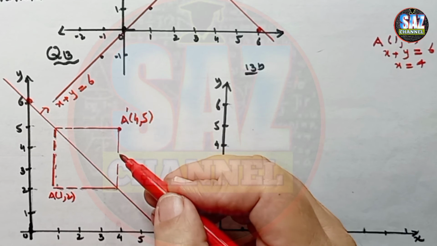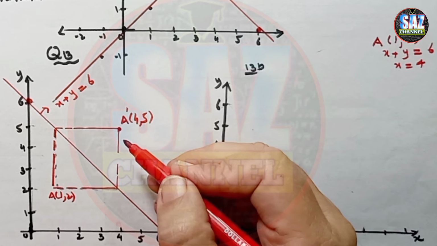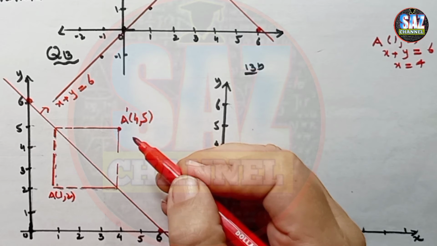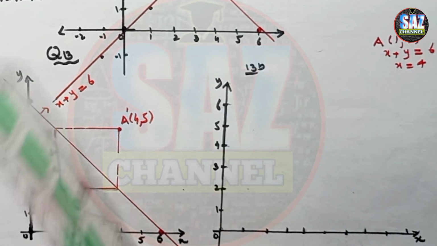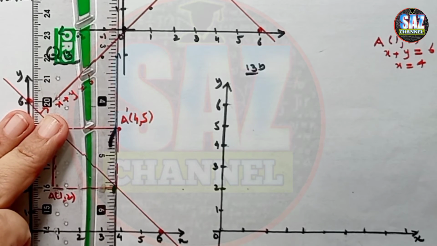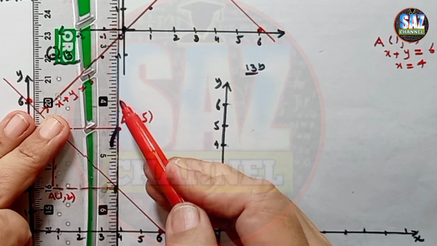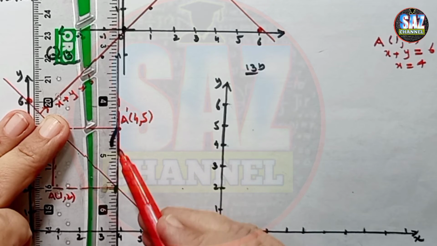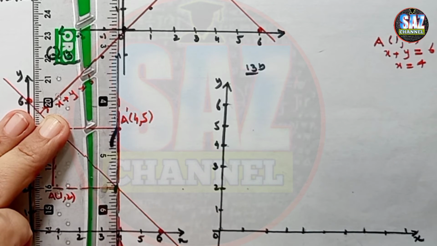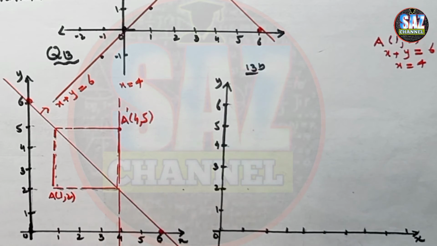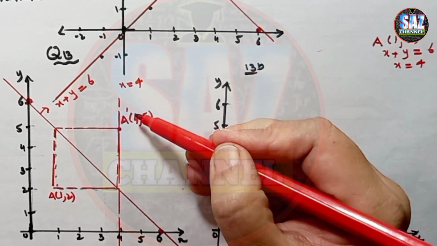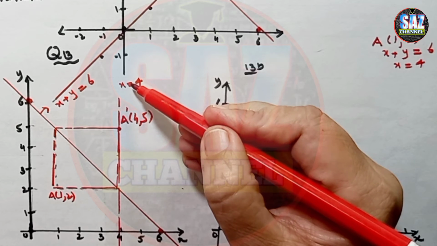Now the next part says that we have to find the reflection of this point in the line x equals 4. Now the second mirror is x equals 4, and if we observe, this is the second mirror, x is equal to 4. Observe the image and the mirror.